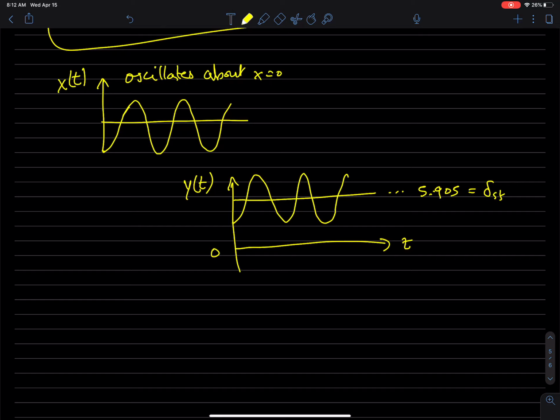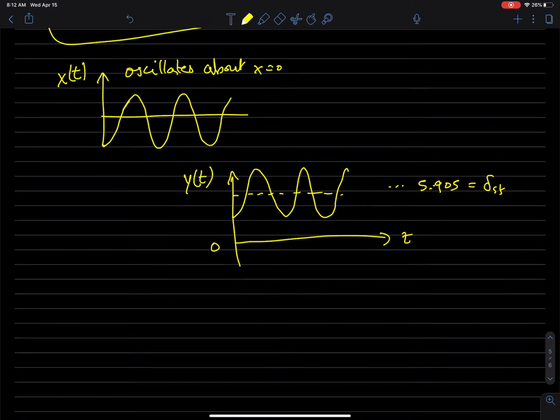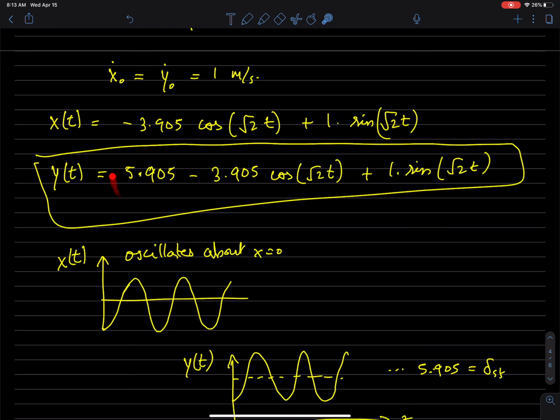The oscillations are about y equals static equilibrium, in other words, okay? So let me draw a dotted line there. Okay, so that's the meaning of this offset.